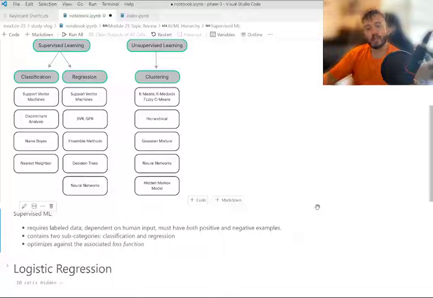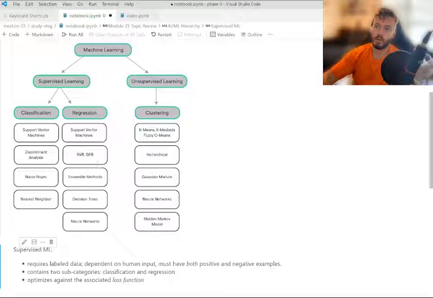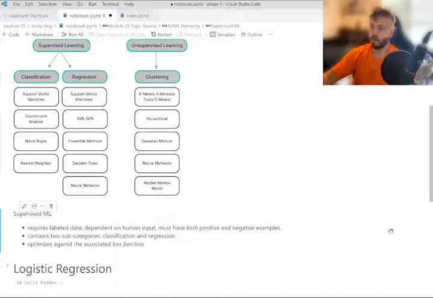So for this module, we're specifically talking about supervised machine learning. And there's a few things you need to be aware of when you're dealing with supervised learning. That's everything under this little node right here in our tree. So classification or regression, if it's supervised, you need this stuff.